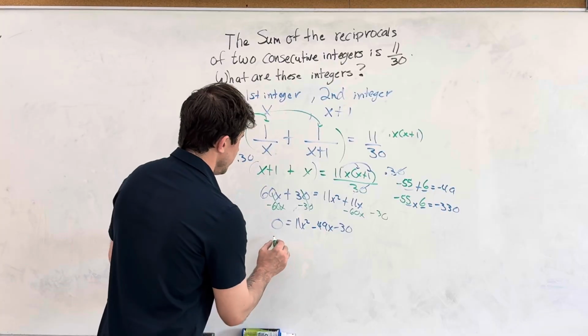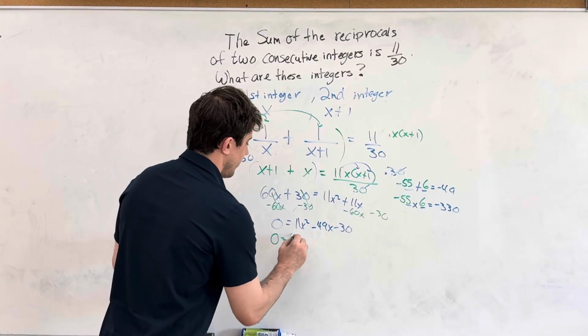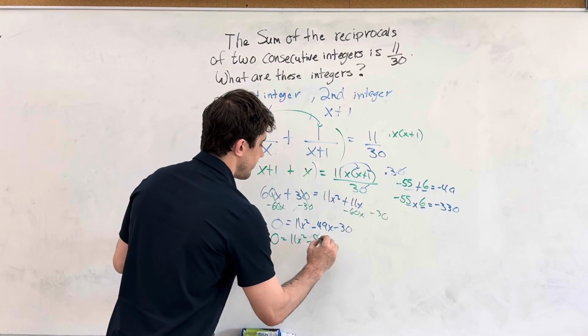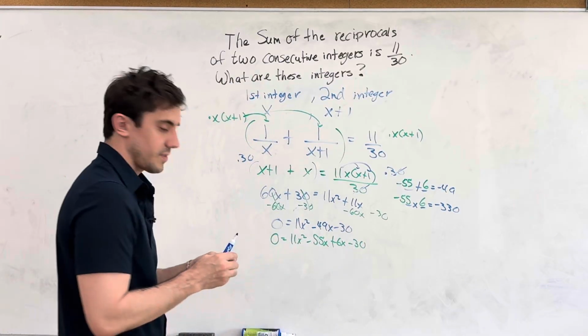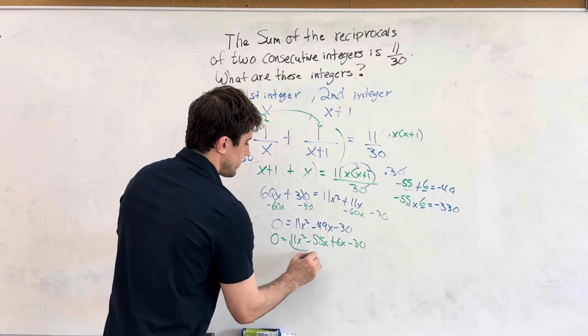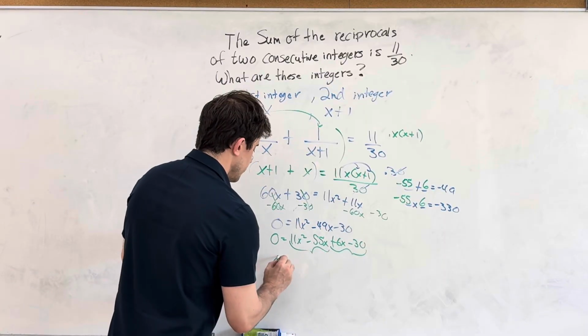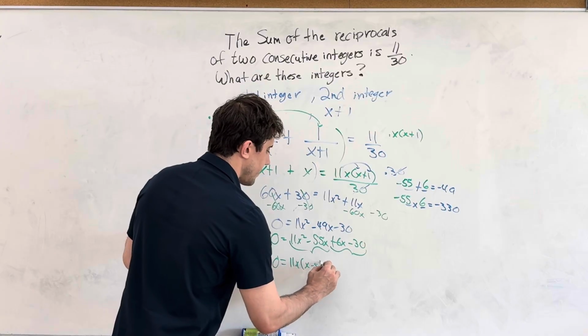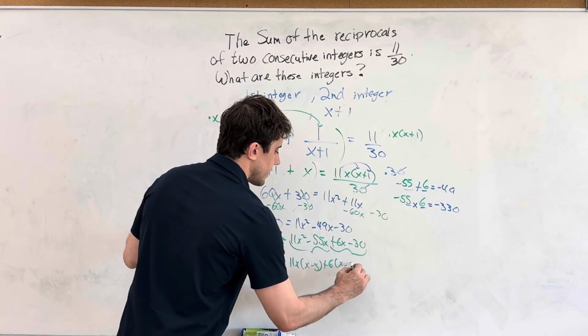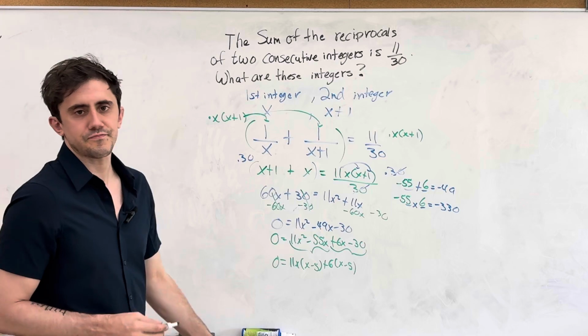We can use decomposition and break this up as 11x squared minus 55x plus 6x minus 30. And now you guys know how to factor these, first two and last two. So 0 is equal to 11x times x minus 5 plus 6 times x minus 5, right?